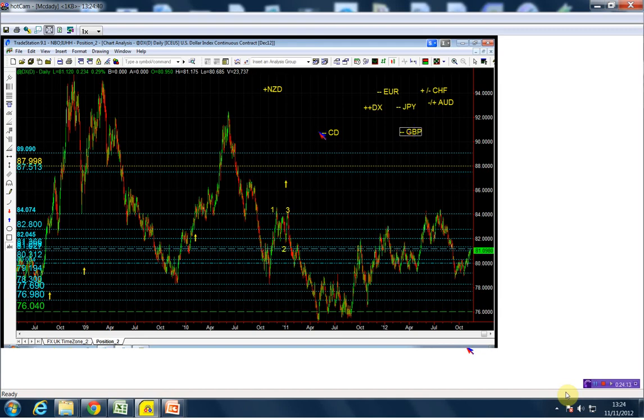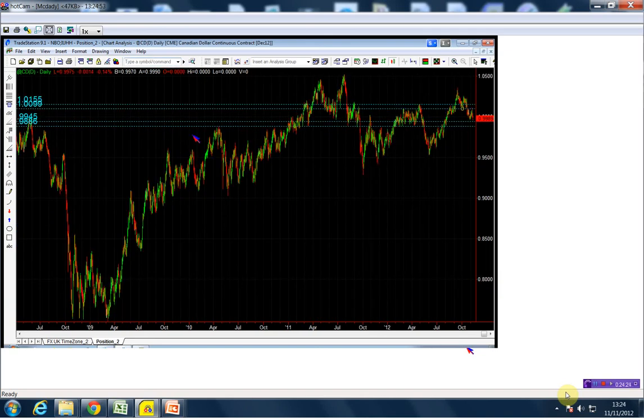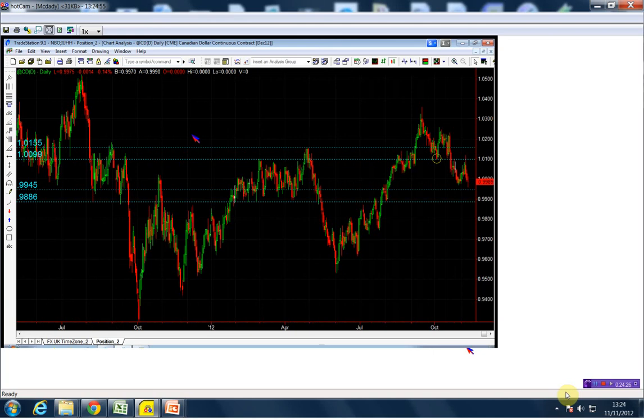Let's look at the Canadian as well. The CAD also is beginning now to change trend and give us sell signals to the downside. We had the structural failure at 100.99 right there. We broke below it. We had a nice capitulation to the downside.